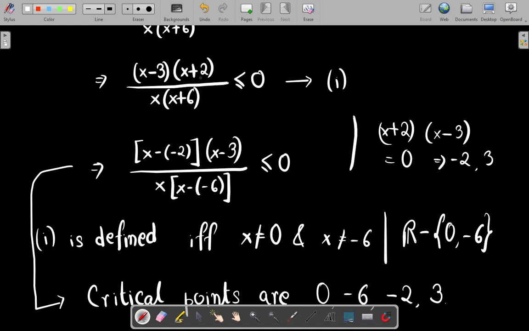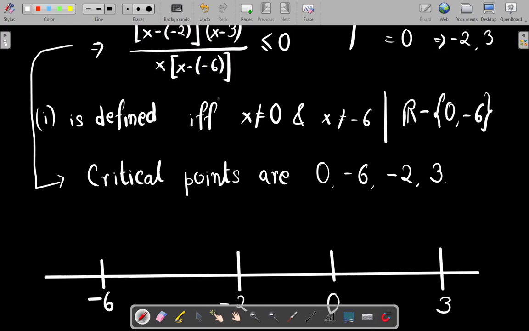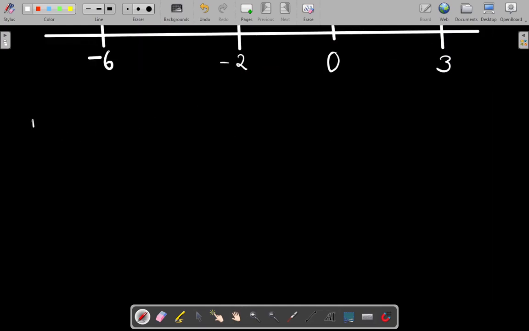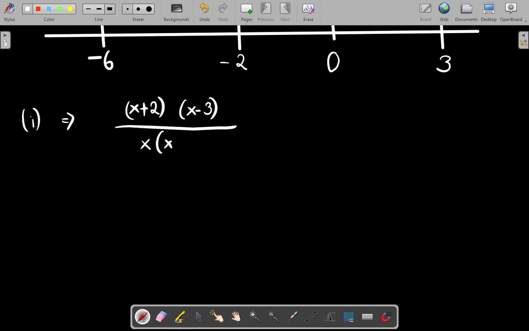Again, if I write inequality 1: x plus 2 times x minus 3 upon x times x plus 6 is less than or equal to 0.